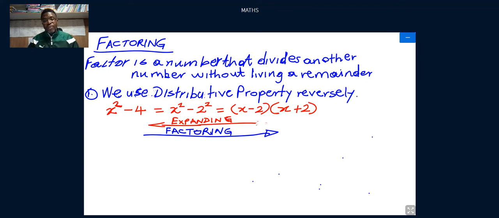We now follow the rules of exponents. It means we have 2 x's and 2 2's. Why? The exponent tells us how many times the base must replicate itself, and therefore I open two brackets. I write x minus 2, and then I write x plus 2. This is because it's a difference of two squares.